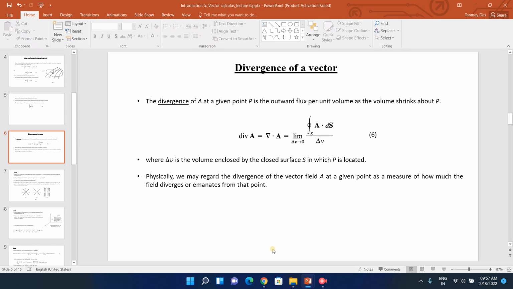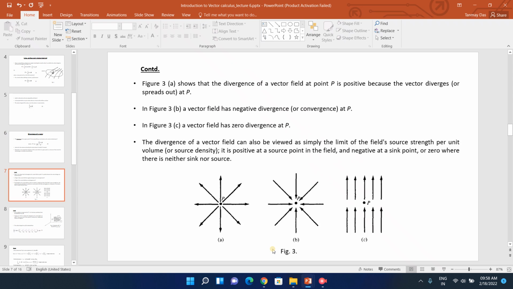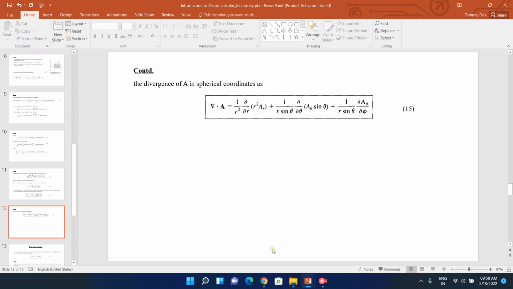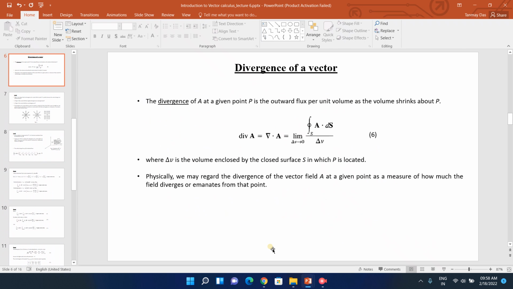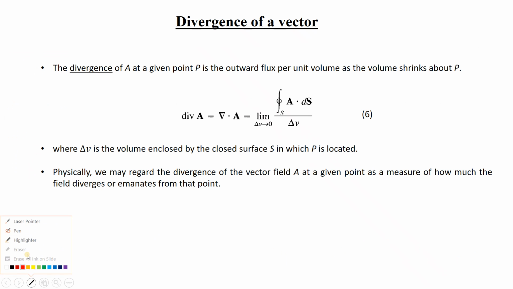The del operator dot a vector is called the divergence of the vector, and the del operator cross a vector is called the curl of the vector. So there are two operations, divergence and curl. Divergence means del operator dot vector, and curl is del operator cross vector.